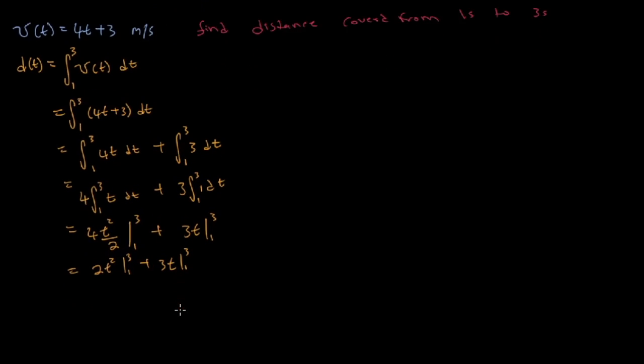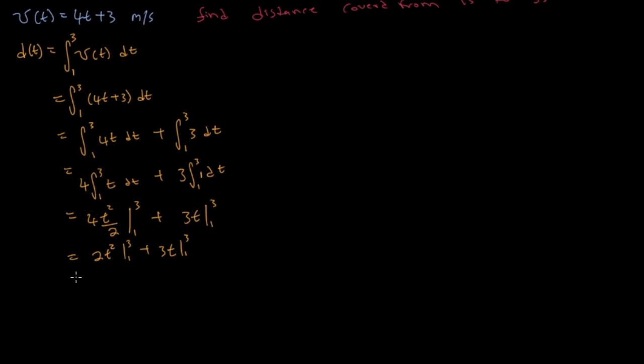Scroll down a little bit here. We can go ahead and substitute our intervals into our function. So for this piece here, 2 times 3 squared minus 2 times 1 squared, plus 3 times 3, we're going to substitute 3 in for t, minus 3 times 1.